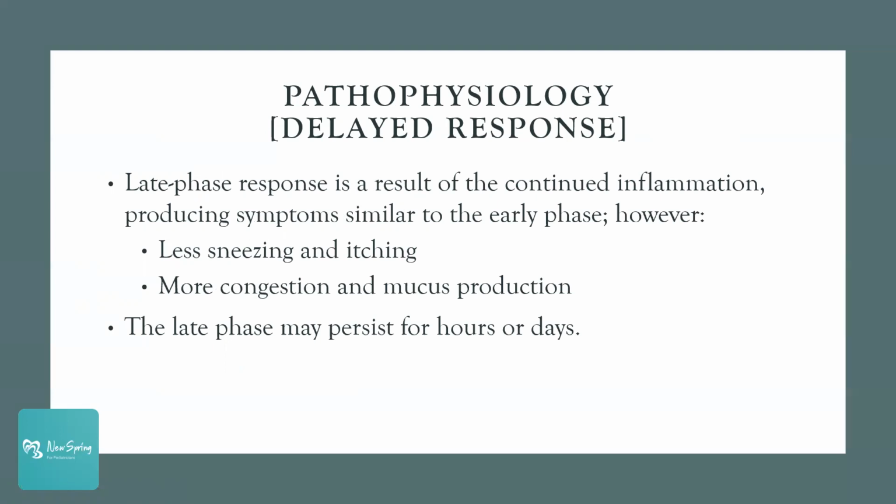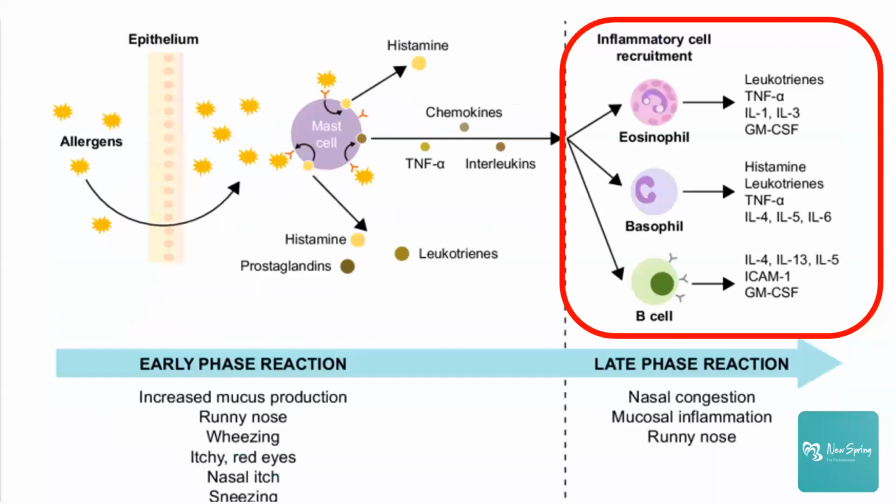However, there's less sneezing and itching, so it's very important to ask the mother specifically about the symptoms that are currently occurring, not only what started the illness. There's more congestion and more mucus production throughout the delayed phase, and the late phase may persist for hours or even days, as we will mention later on.